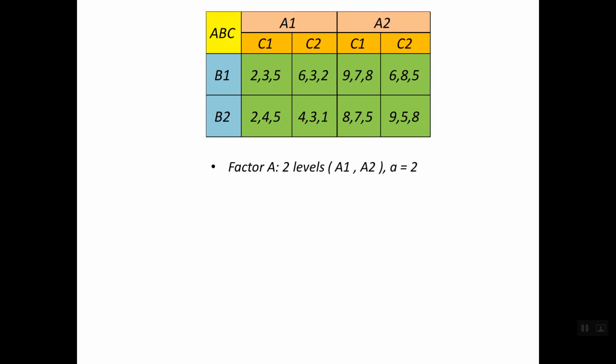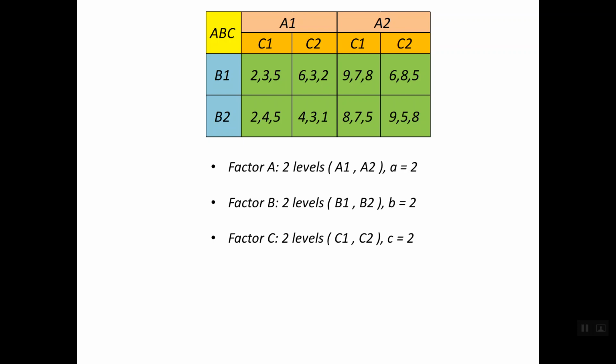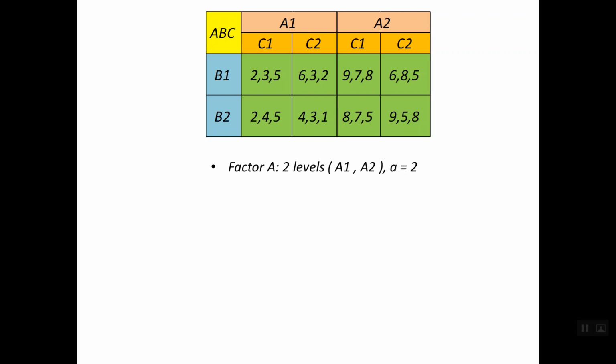Regarding the first factor, which is factor A, we have two levels for this factor, which are A1 and A2. So small a is equal to 2. Small a represents here the number of levels for the first main factor, which is A. So we have A1 and here A2.